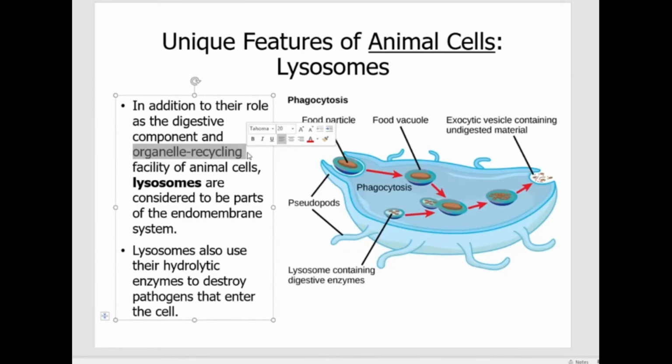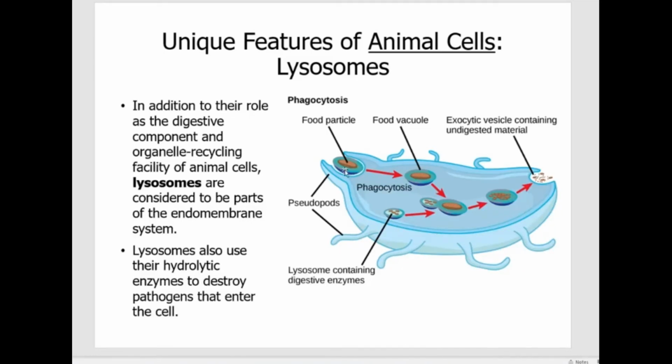Now, lysosomes can also use the hydrolytic enzymes, the digestive enzymes, to destroy pathogens that enter the cell. Here, this is not exactly related to the pathogen destroying function, but it's very similar. This is a food particle, but you can think of it as bacteria, some kind of pathogen.